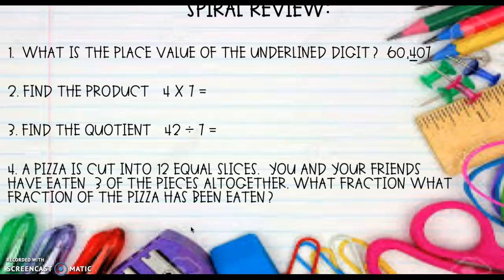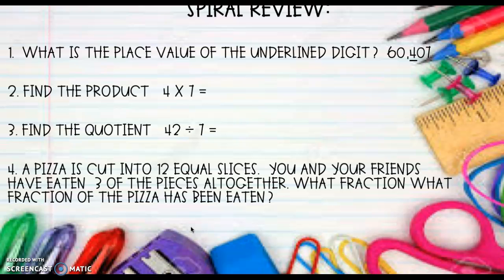Number 1 says, what is the place value of the underlined digit? Okay, so I'm looking at this number, and let's go ahead and read it. I want you to say it to yourself first. Now let's say it together. 60,407. Okay? That is our number.